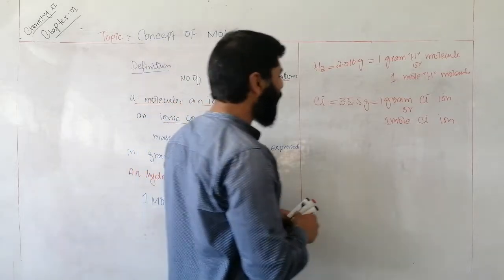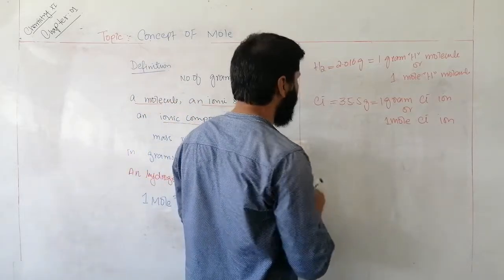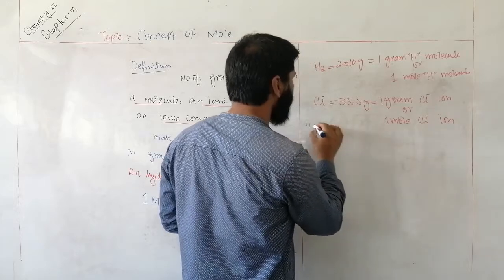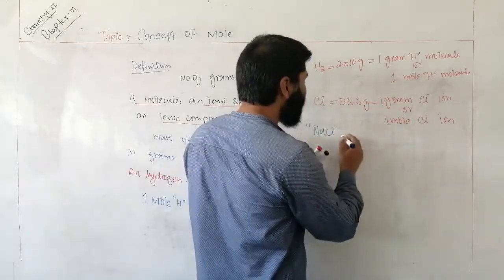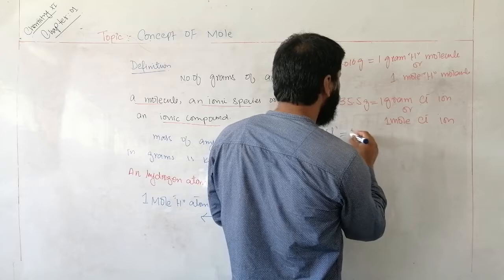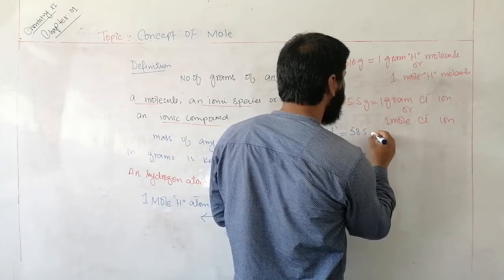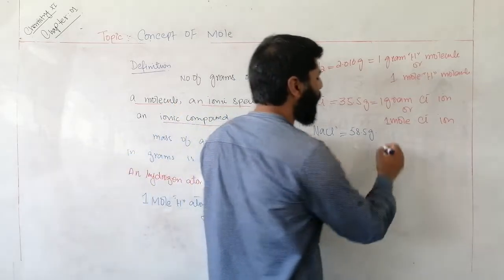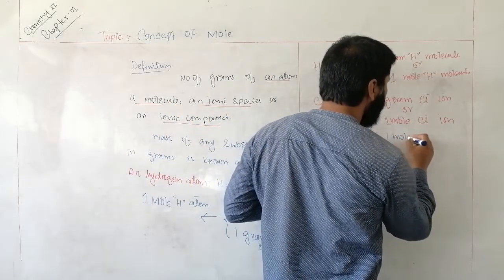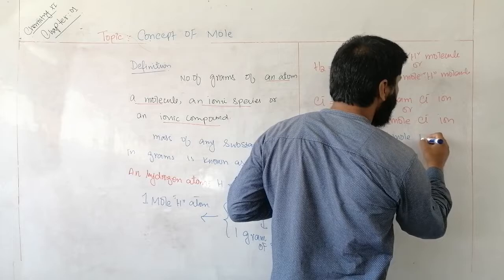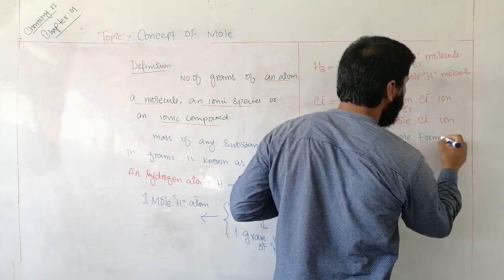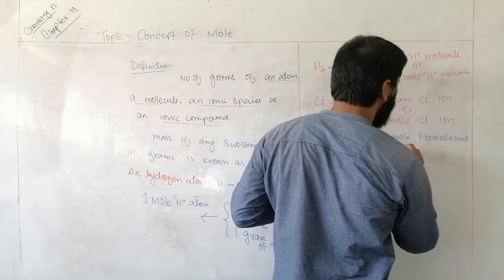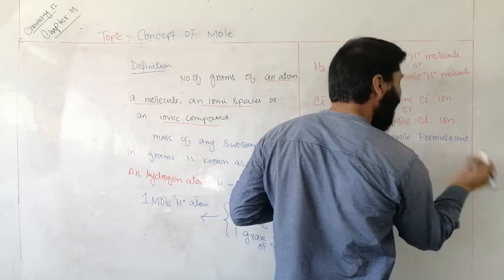Similarly, if you have an ionic compound like NaCl, it is an ionic compound, sodium chloride. Its mass is 58.5 grams. When expressed in grams, it will be 1 mole formula unit, or 1 mole ionic compound.